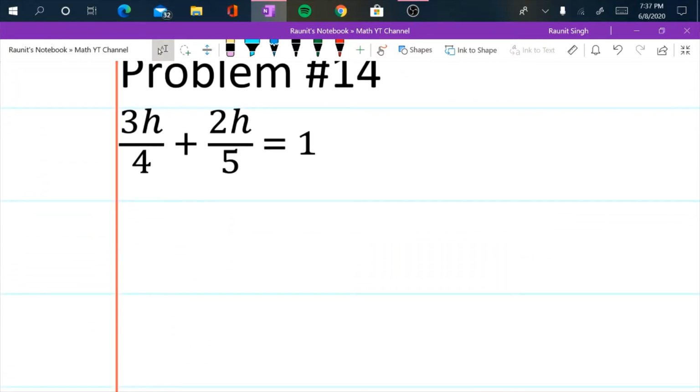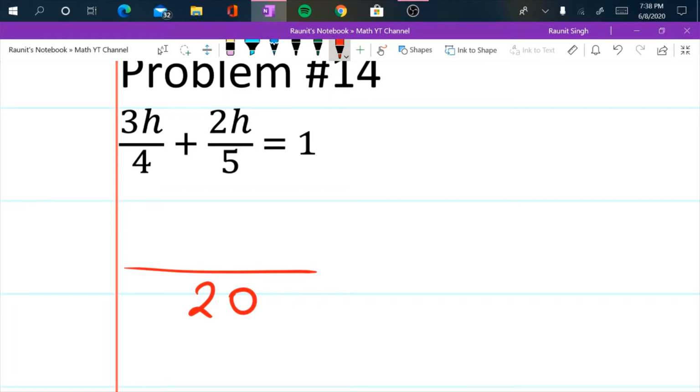Alright, so in this one, we have 3h over 4 plus 2h over 5 is equal to 1. And we need to find the value of h. So first thing we're going to do is find the LCM, which is 20, since there's nothing in 5 or 4's table that is common besides 20.